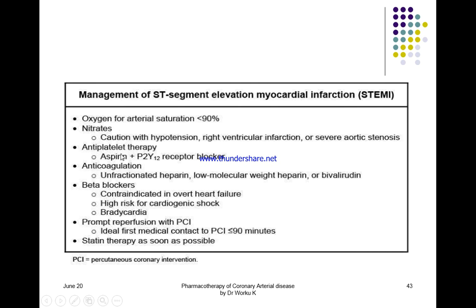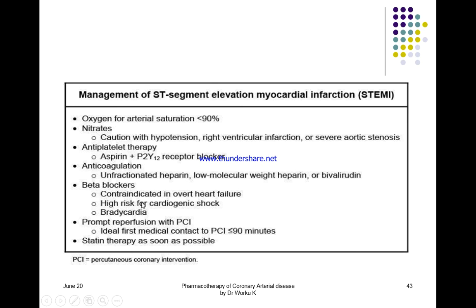Nitrates as in the previous one, antiplatelet therapy again, anticoagulation with low molecular weight heparin, preferably enoxaparin, beta blockers, prompt reperfusion with percutaneous intervention, ideally first medical contact to PCI within less than 90 minutes, and statin therapy as soon as possible.